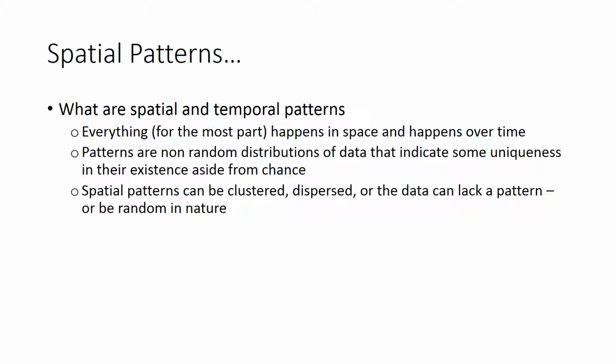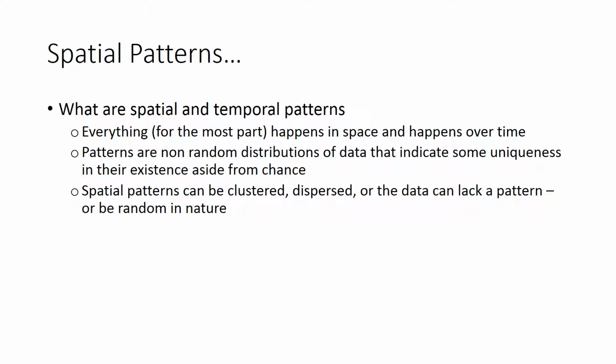What are they? Whether we're looking at spatial or spatial and temporal patterns, everything for the most part happens in space and it happens over time. So when you think about phenomena or things that we observe or measure in the real world, there's a location and a time when whatever we're looking at happened. And we're talking about patterns in that. Patterns are non-normal or non-random distributions of data that indicate some uniqueness in their existence aside from chance.